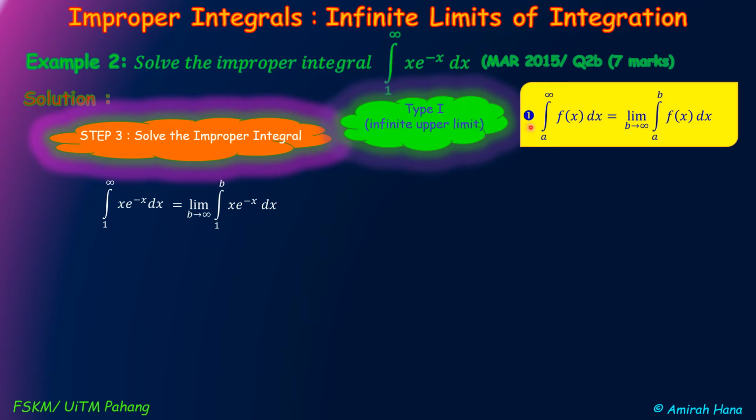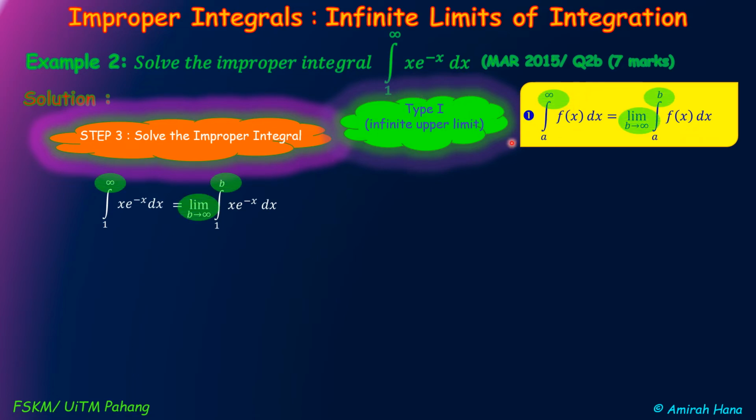And we can use this formula: the integration from a to infinite upper limit, f(x) dx, equals the limit b to infinity of the integration from finite a to finite b, f(x) dx. This is the formula under type 1.